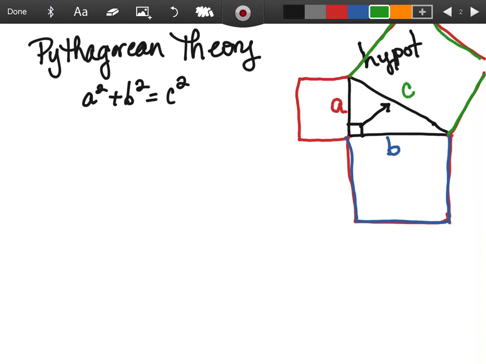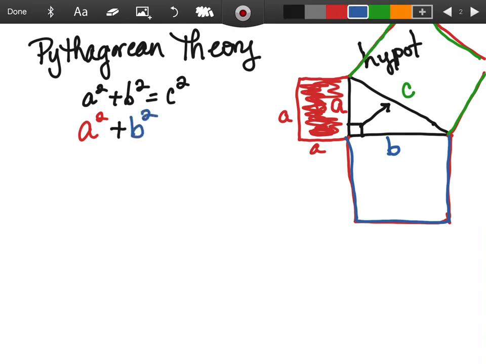So A squared is the area of the square around that side of the triangle, because remember, A times A gives me A squared. A squared plus B squared equals C squared.